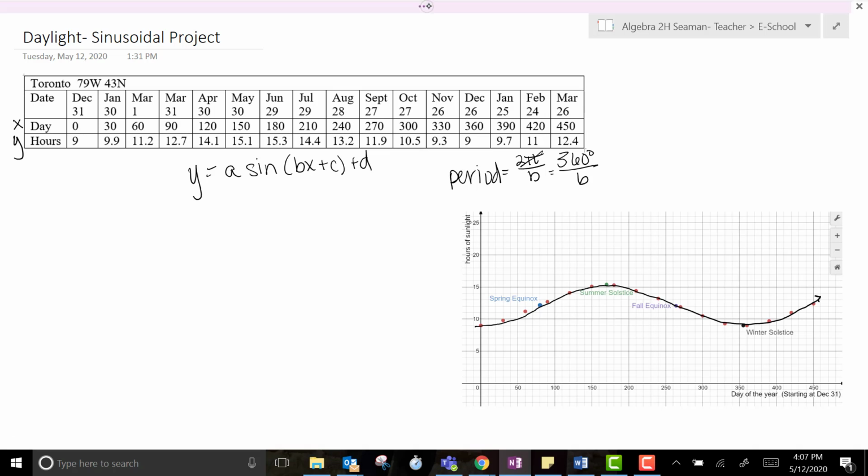Looking at my table of values for Toronto, which will be different for your values, my highest point is 15.3 and my lowest point is 9. So I'm going to say 15.3 plus 9, divided by 2.